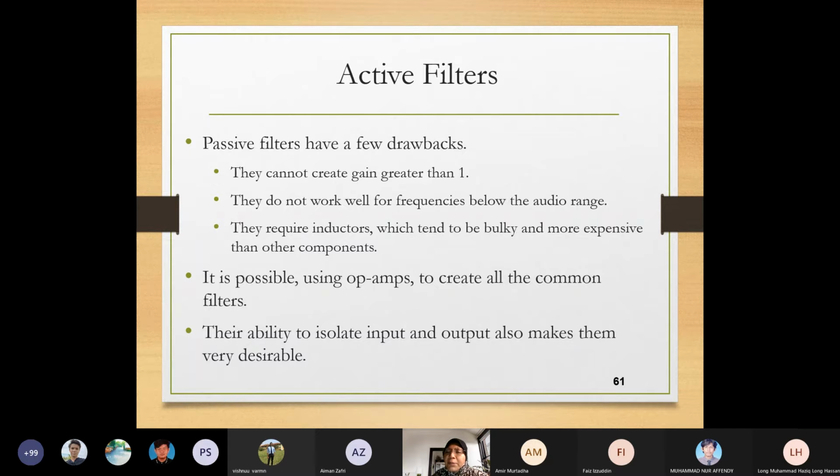So most of the time in the lab, you apply a very small input, normally 5 volts, and then you look at the output at which frequency. If you have a low pass filter, you would expect that below a certain cutoff frequency, the output is almost 5 volts.